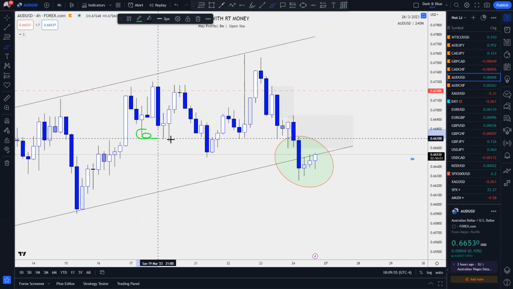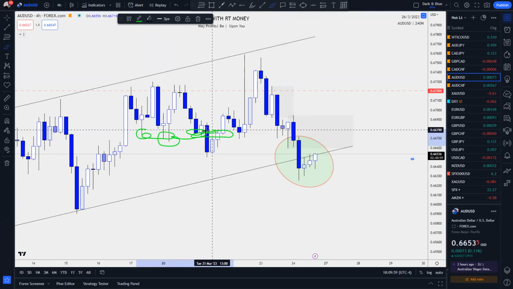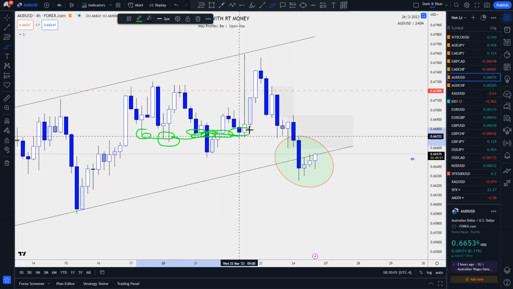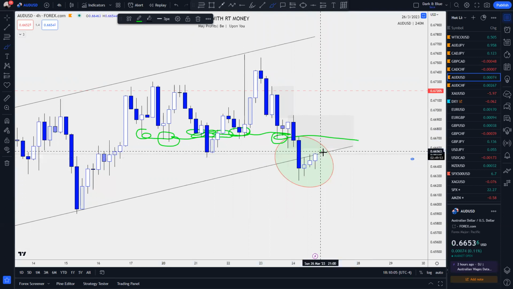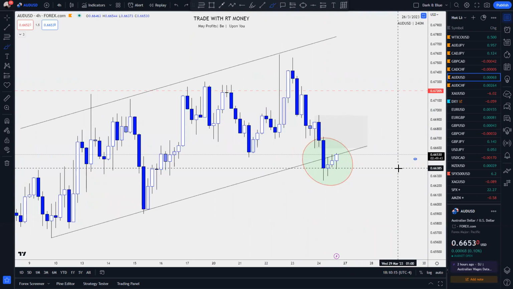You see it here, here, here. So if price comes back up in there, and it looks like it wants to, I'm looking for price to hold there, and if we get a proper sell setup, it might be a good spot to take it.